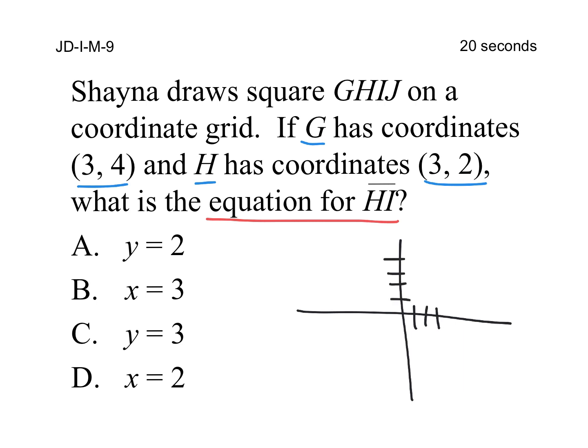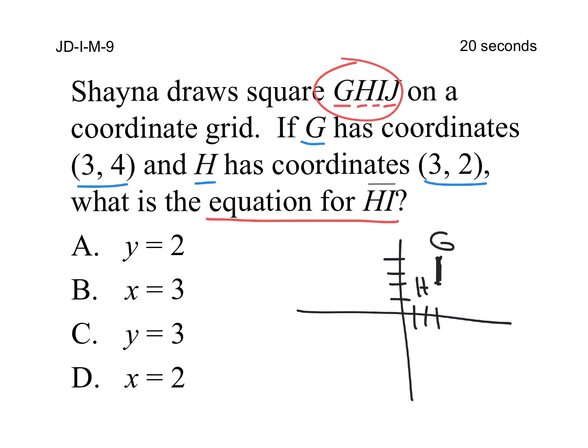3, 4 is here, and 3, 2 is here. Here's this segment. We're looking for HI. The order they put the letters should tell us the order that these points are in our square.